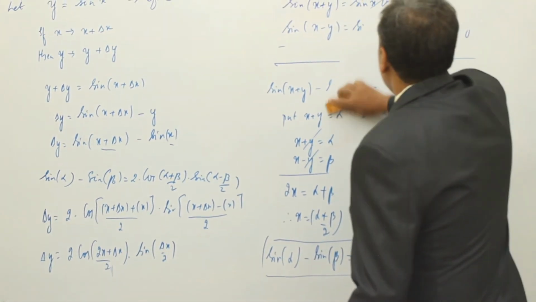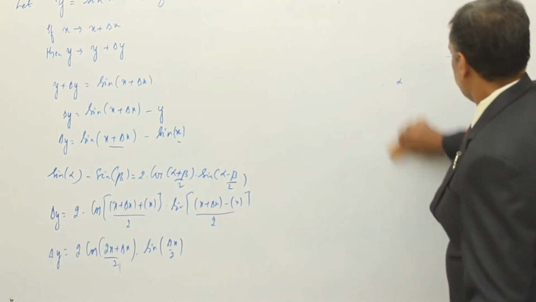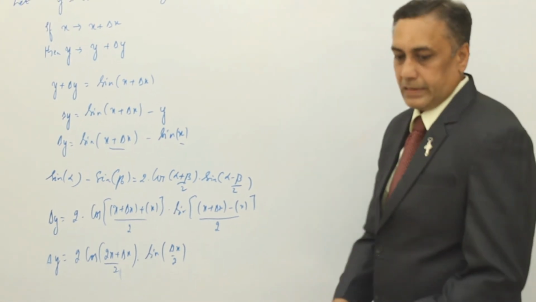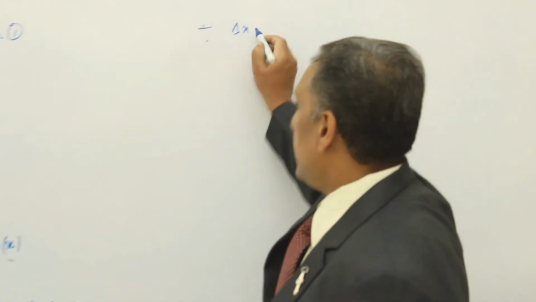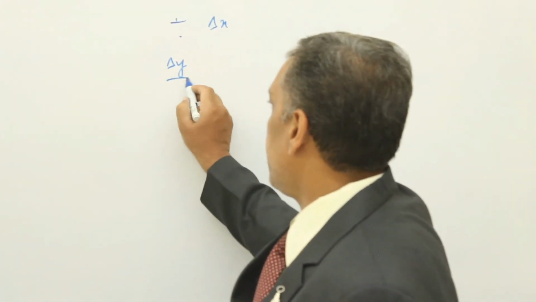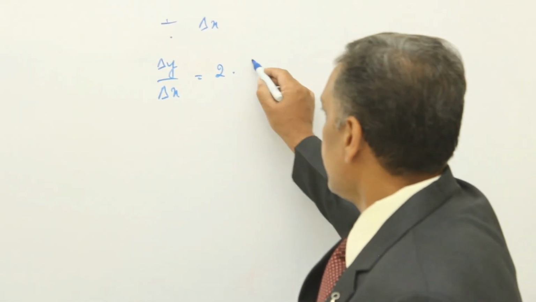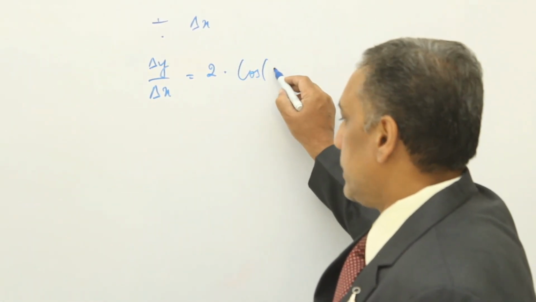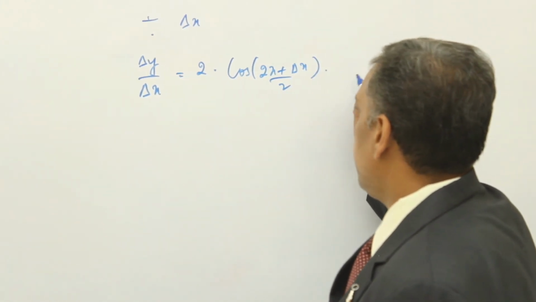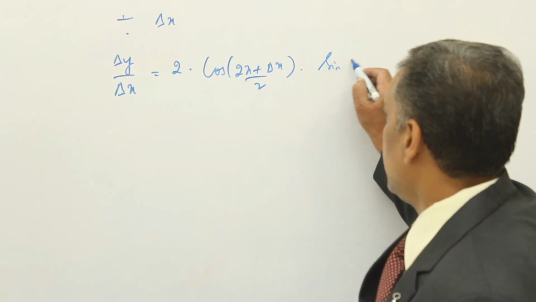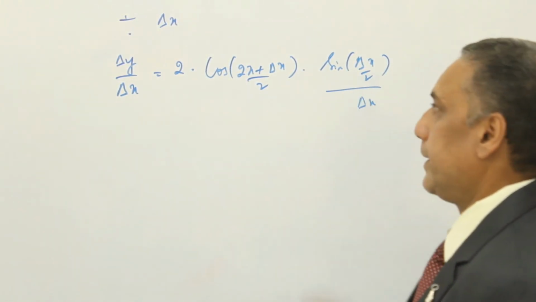Now dividing throughout by delta x, you get delta y by delta x equals 2 into cos of 2x plus delta x by 2 into sine delta x by 2 divided by delta x.